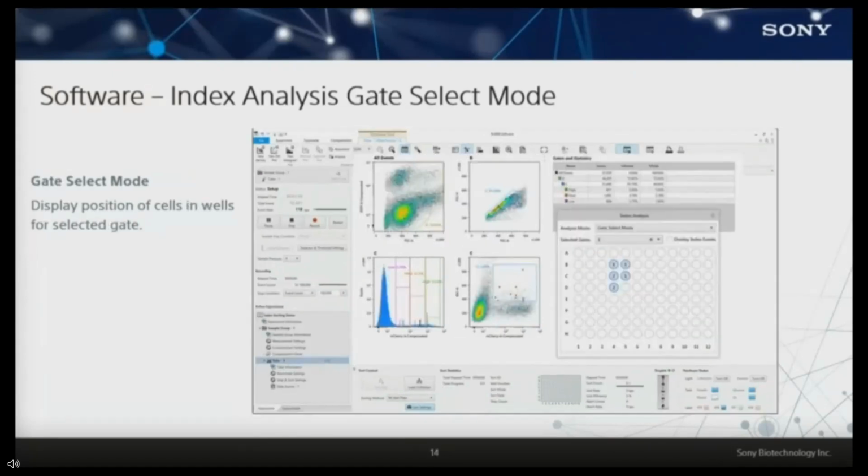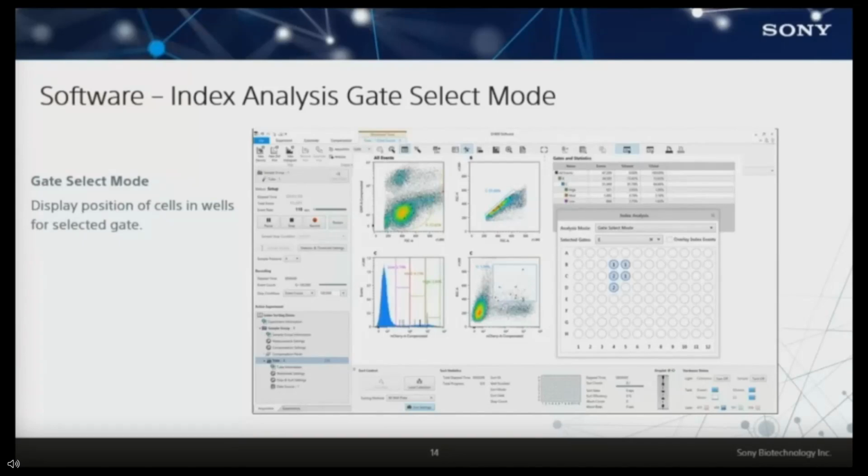And to go over this a little bit more, again, there's a variety of ways you can use this, whether it's gate, single well. This information you'll soon realize is probably the most critical part in analyzing your application. You had success with a certain marker, you had success with a certain expression profile.